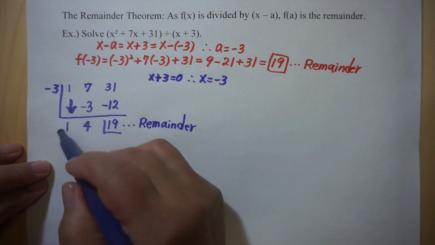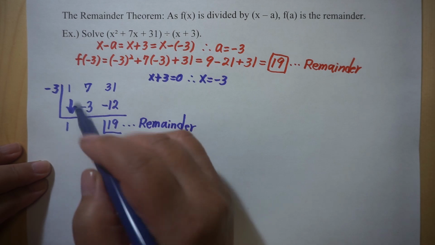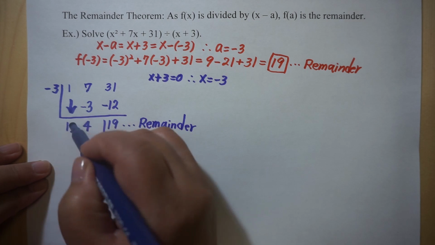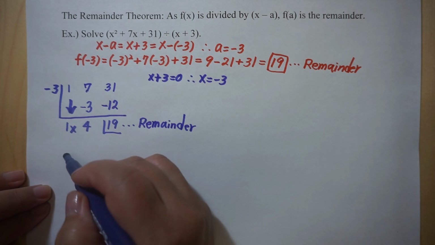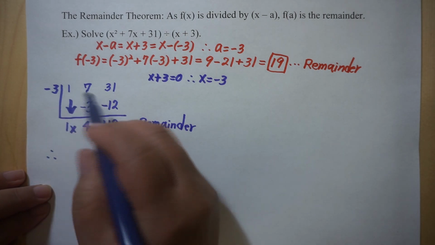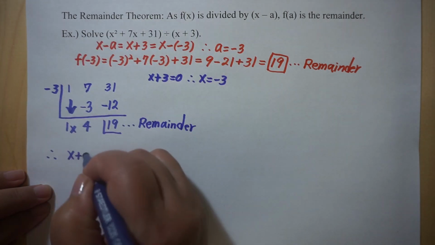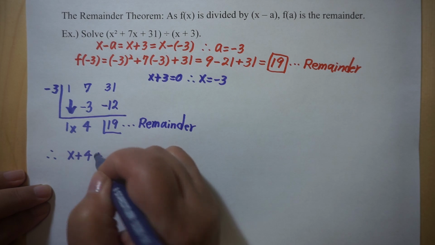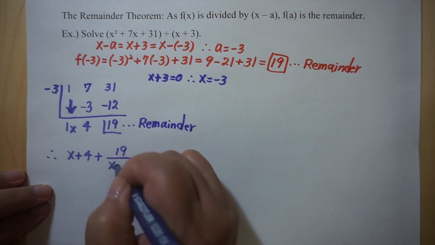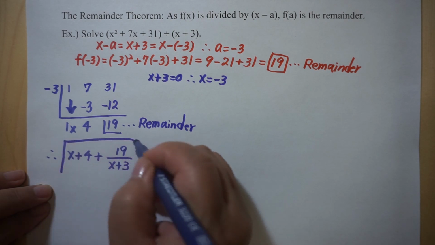However, these two numbers are coefficients of the quotient. The number 4 is the constant number, and 1 is the coefficient of x. So that is why the answer of this problem is x plus 4 plus remainder 19 over x plus 3.